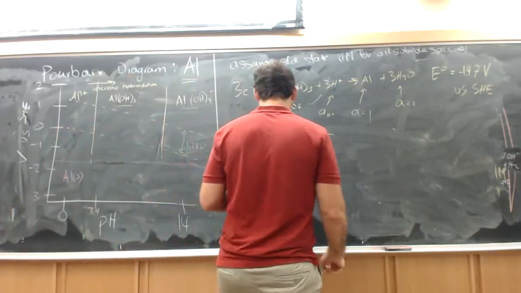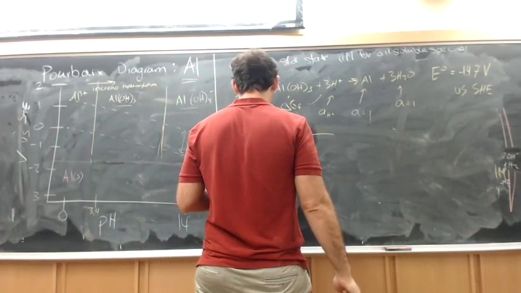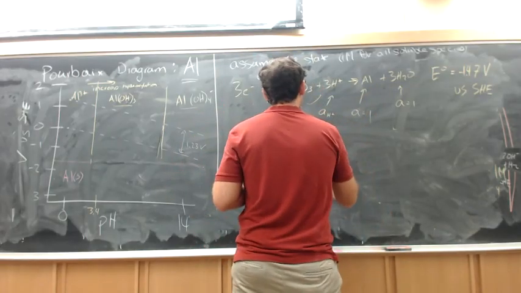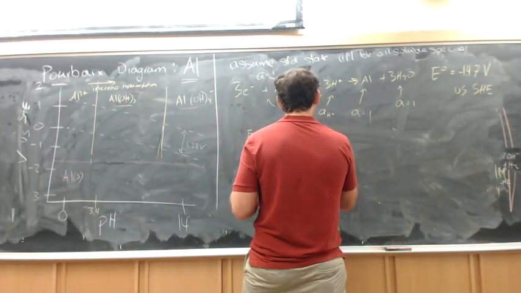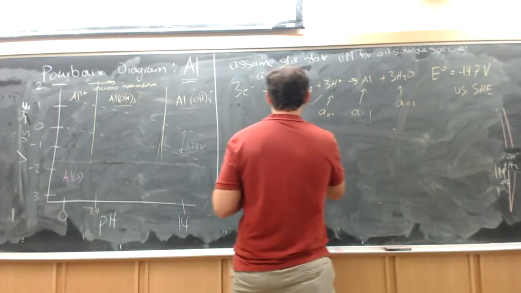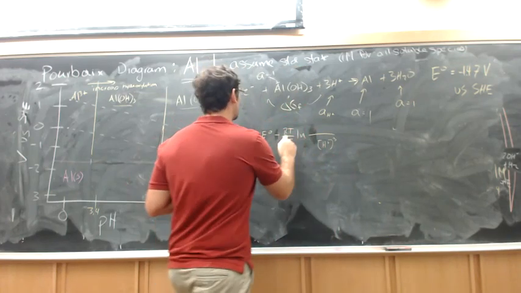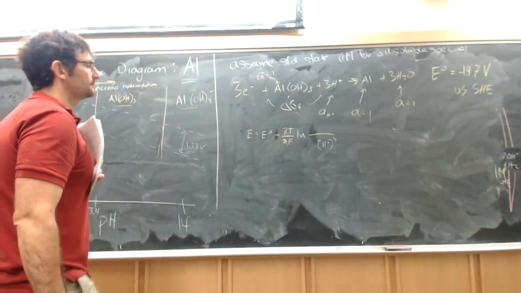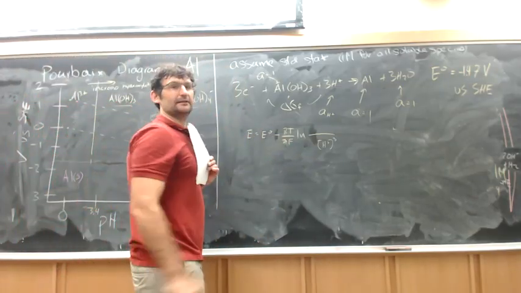So what we get, products over reactants, looks like the signs are off. Yes, that's right. Thank you. Okay, so concentration of H plus to the 3rd power, and what's in the denominator? 3. Oh, that's convenient. Look at that. We have the cancellation again, right?